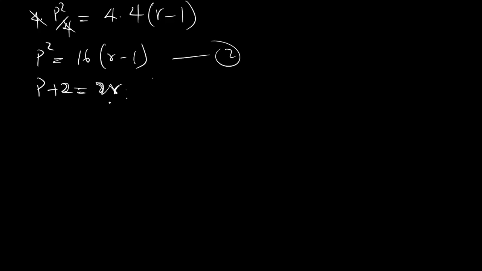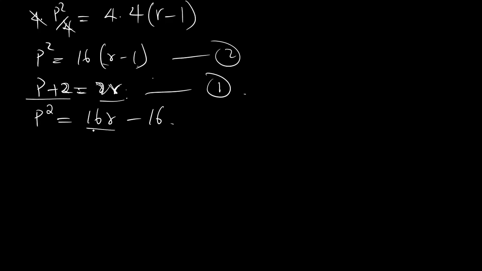So now we can substitute. Let's say this is equation 1. I will now say P square equal to 16R minus 16. Opening that up, I now have P plus 2 equal to 2R.